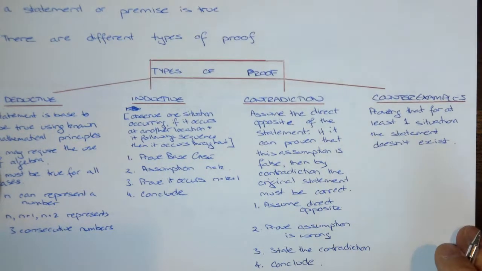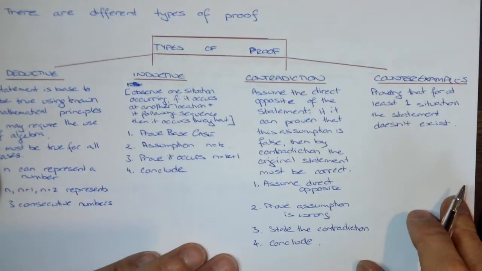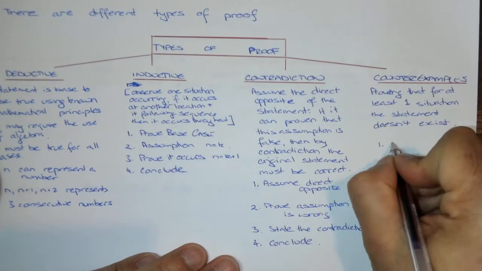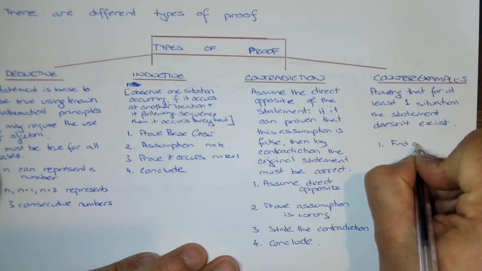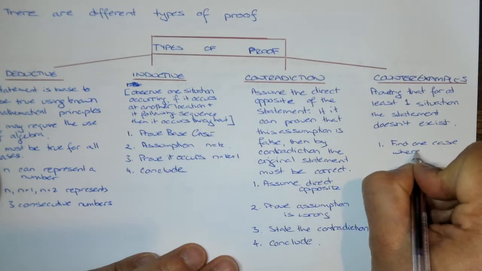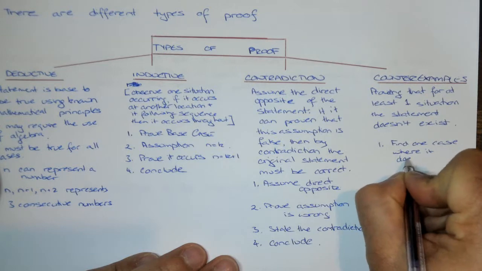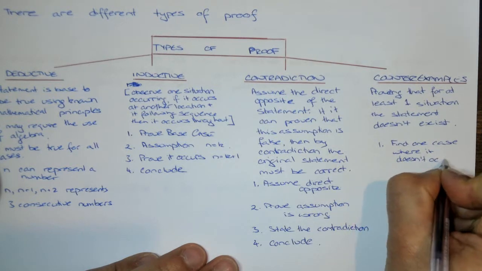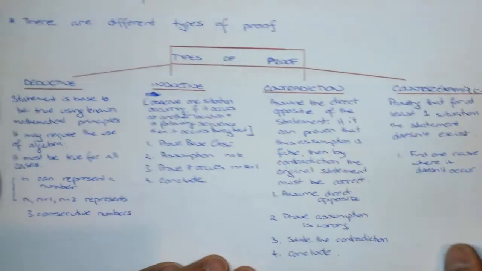So in this one we just need to find one case where it doesn't occur.